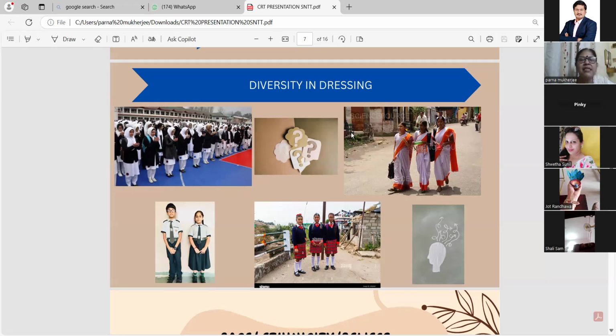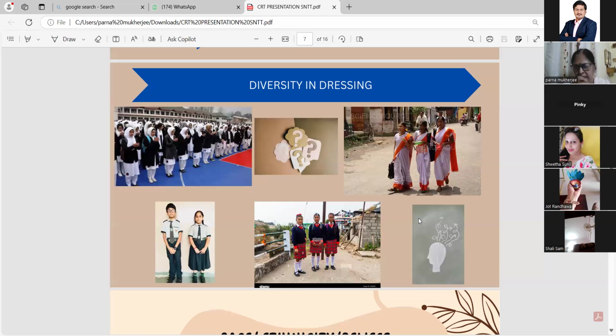So this dressing diversity may be accepted, may not be accepted. It might lead to confusion. It might lead to even revolt, as we have seen happening in some of the states.